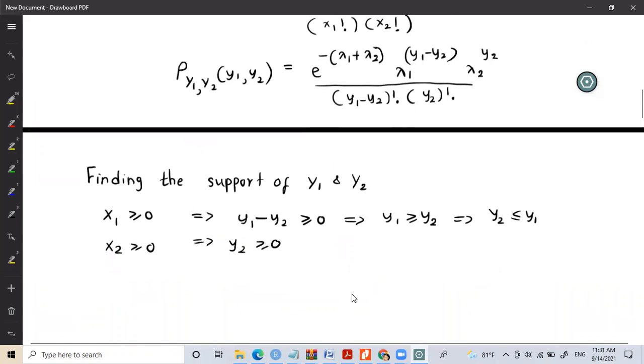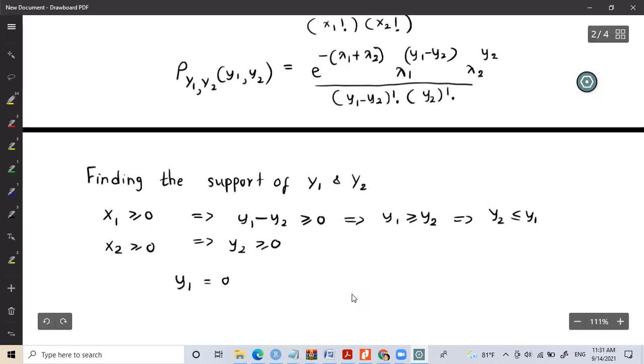So how do you write the support of y1? Let's say you can do it either fixing y1 or y2. Okay, so I'm going to fix y1.